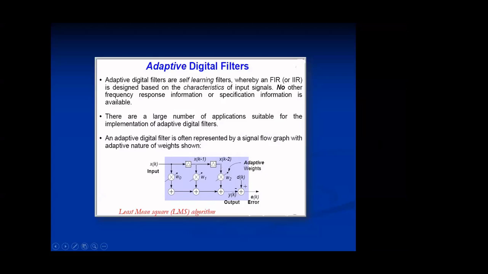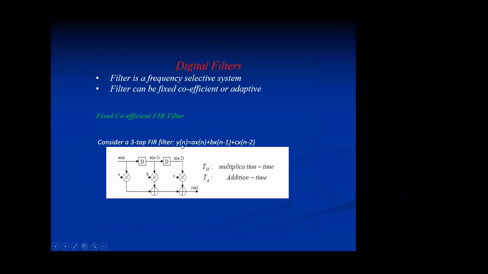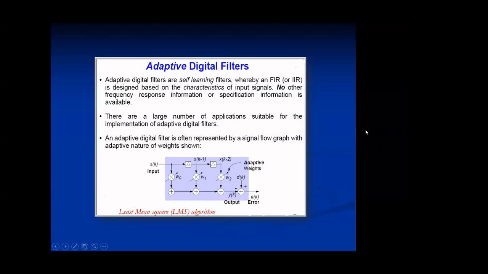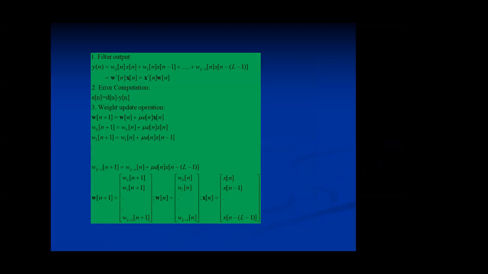One is, for a given input, to find the output y of n using this formula. Once you get the output y of n, we give some desired signal here. Then we subtract this output from the desired signal and get an error signal. This error signal is used to change the coefficients of the filter according to some algorithm. So these are the three basic steps in any adaptive filter.